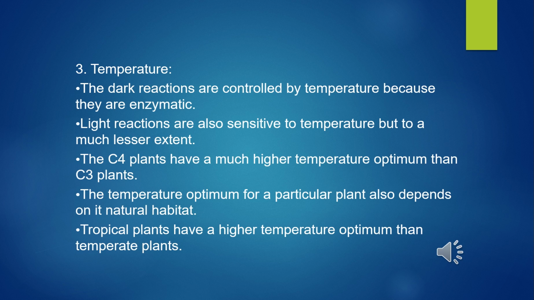The temperature optimum for photosynthesis of different plants also depends on the habitat that they are adapted to. Tropical plants have a higher temperature optimum than the plants adapted to temperate climates. So you all know that tropical plants means where the temperature is more than 23 degrees Celsius, and temperate plants are having the optimum temperature approximately up to 7 to 10 degree.